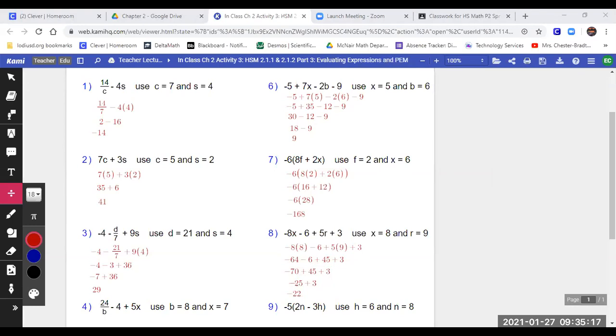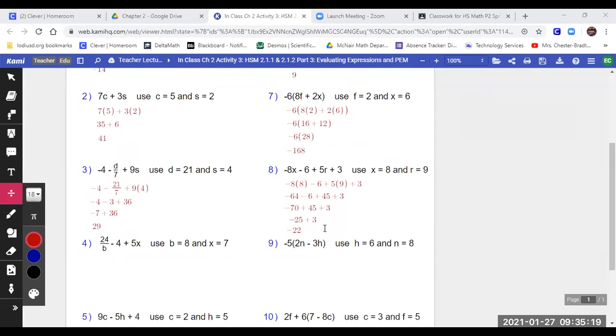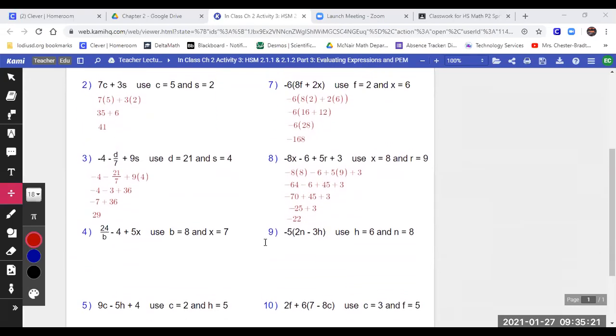Okay, so now we're going to go on to 4 and 9. Someone tell me, what am I supposed to write in my box?